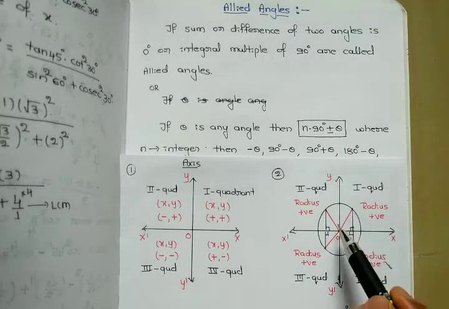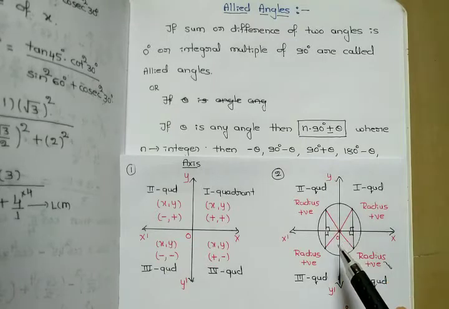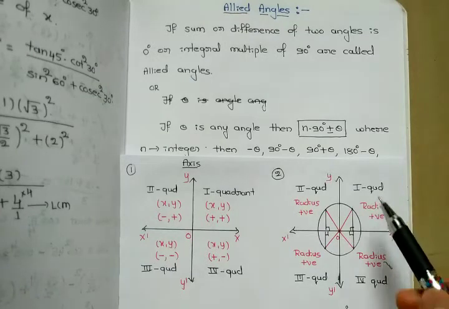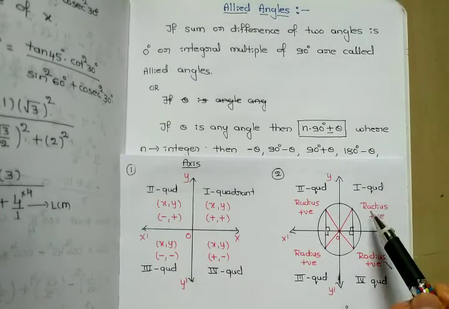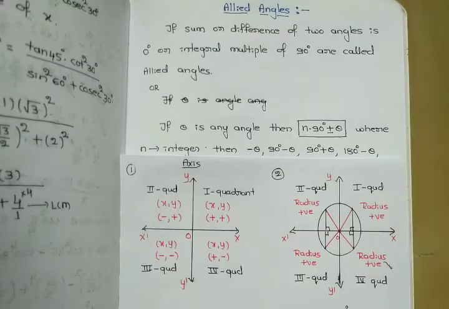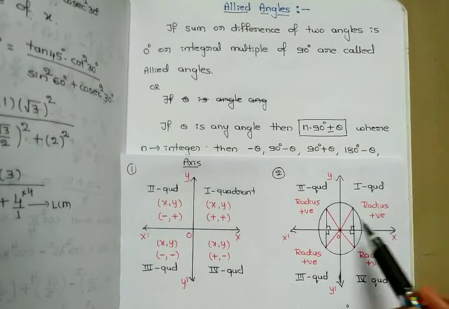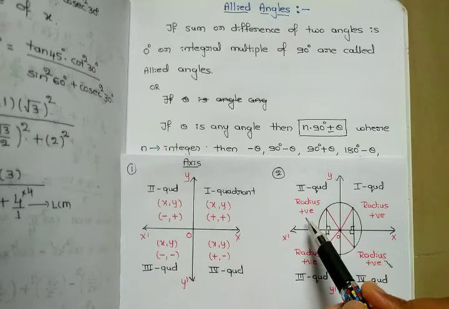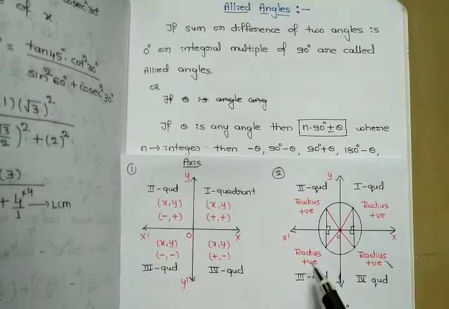In the first quadrant, this is the radius, in the second quadrant, radius, in the third quadrant, radius, in the fourth quadrant. So here what I wrote, in first quadrant radius will be positive sign. And in the second quadrant, again radius remains positive. Third quadrant also radius remains positive. Fourth quadrant also radius remains positive.